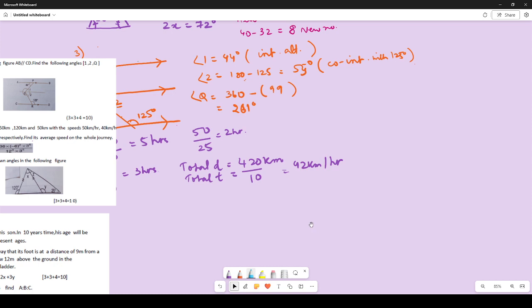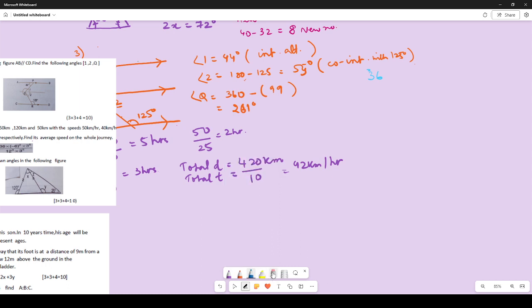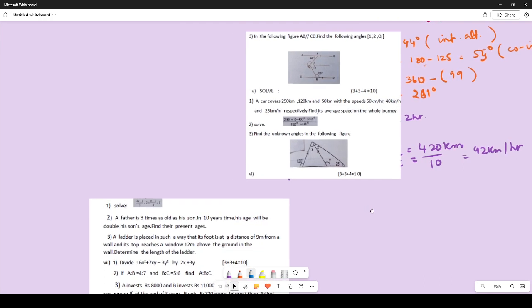So the question was, where is this question? Oh, this pen is not showing well. Let me change the color, a darker one. Let us take this up. So what was the question over here? Okay, let me solve it on this side.